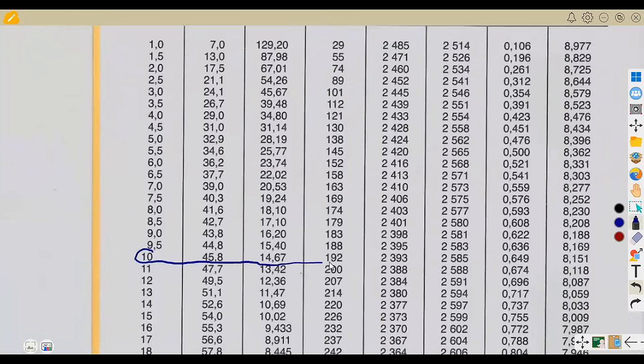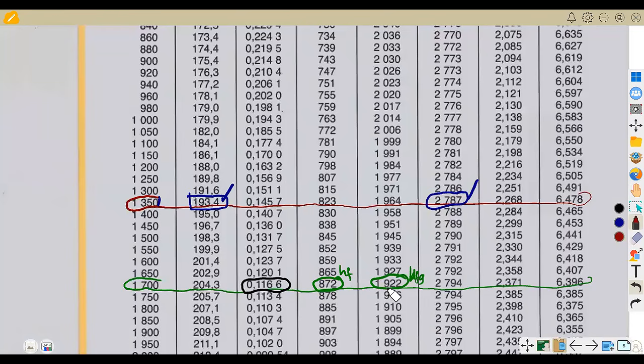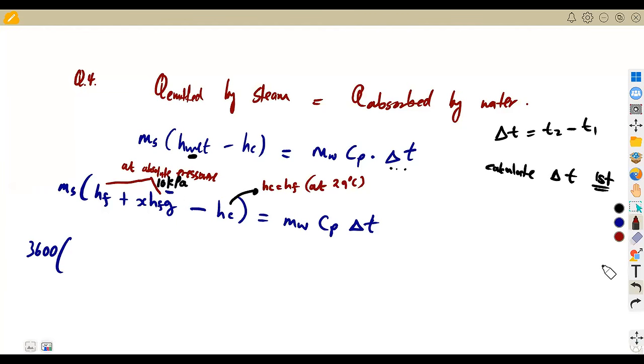So we are going to need the corresponding values, where HF is 192 and HFG is 2393. These are the values that you're going to take. Please make sure you take your values properly, guys. So we found that our HF was 192 and our HFG was 2393.